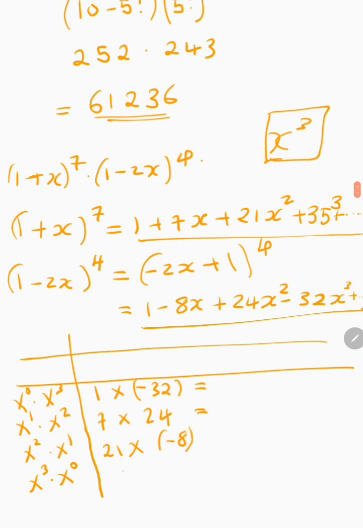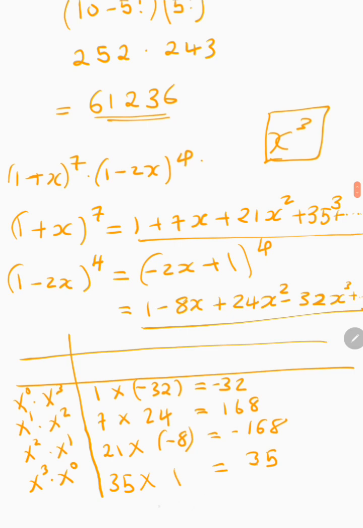Then you have x cubed in the first, coefficient 35, times x^0, which is 1. This should give you negative 32, 168, negative 168, and 35 times 1 is 35.